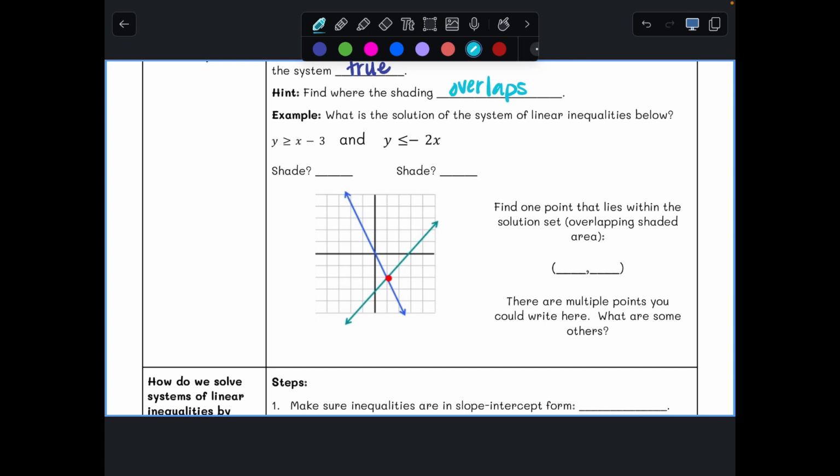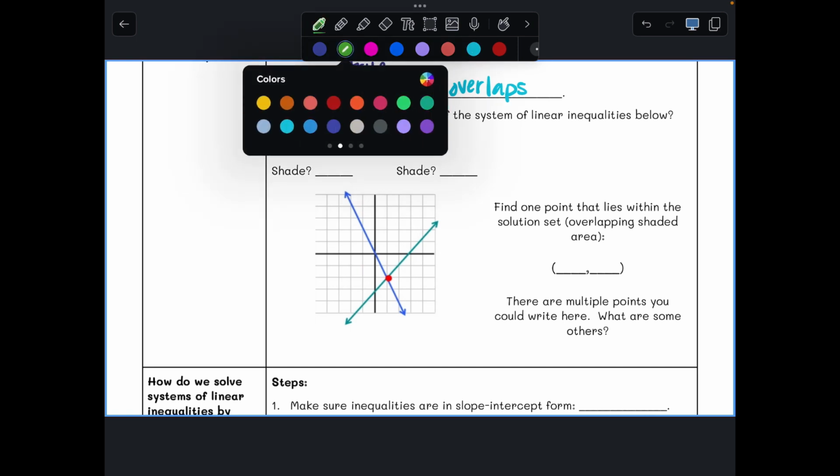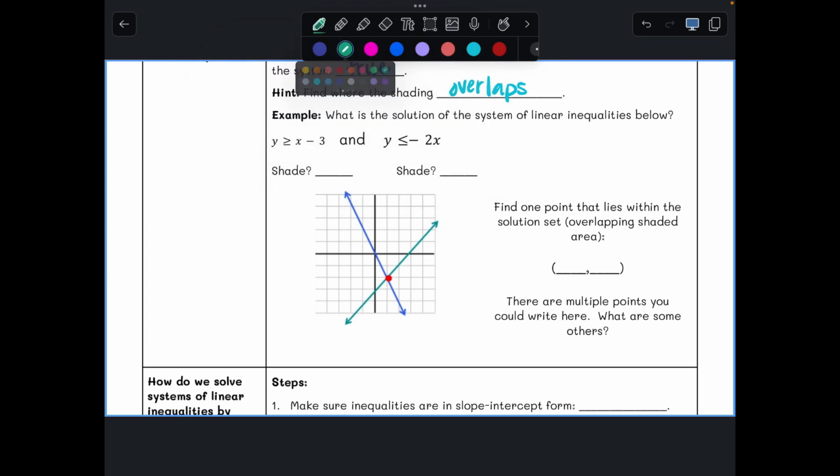So first we have y is greater than or equal to x minus 3. So we're going to be looking at the green line. And we have the line plotted, but we're going to shade, and we have y is greater than or equal to x minus 3.